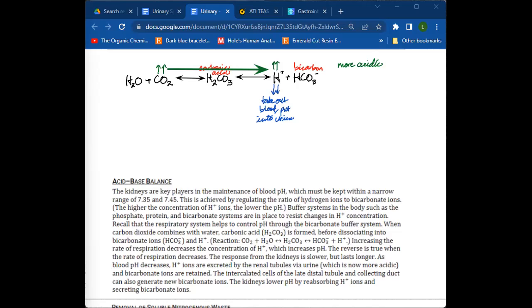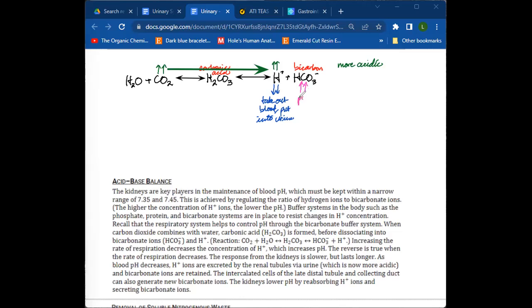Okay, then another way that they can fix the decrease in the pH in the blood, the blood becoming more acidic, is that they can reabsorb bicarbonate.